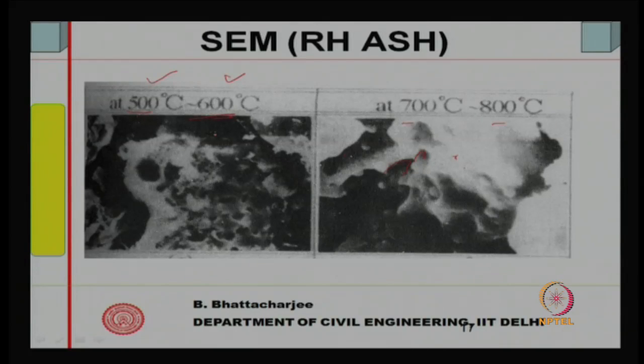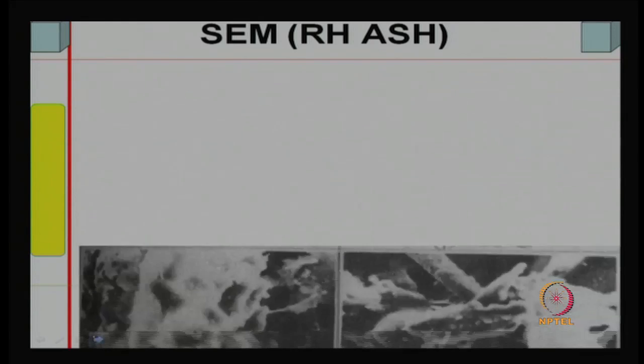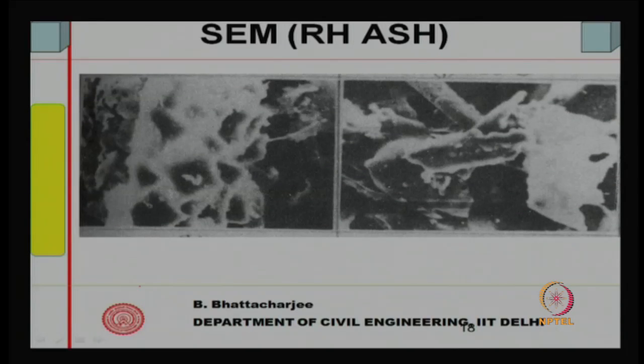So, depending upon the temperature, you find that their nature differs slightly, and at higher temperatures, this shows the cellular structure of this material. They are cell like, you can see these are holes in between the solid phases. So, they are cellular in structure, and that is why their surface area is very, very large, though the particle sizes are not very large.